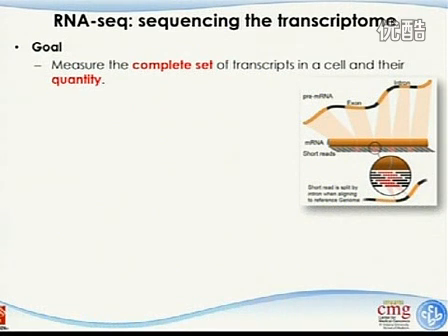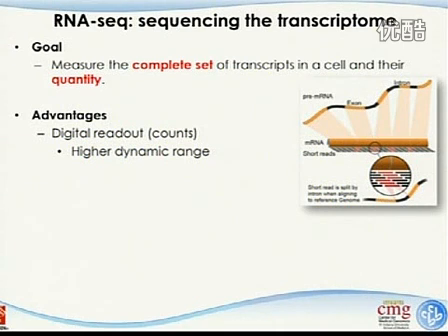The goal of the RNA sequencing technology is to sequence the transcriptome to measure the complete set of transcripts in a cell and their quantity. So which part of the genome has been expressed and by how much. That's our goal. The advantage compared to arrays is that this is a digital readout. So basically, for each individual gene, you count the number of reads that have been sequenced.